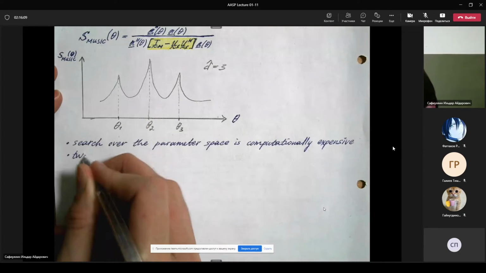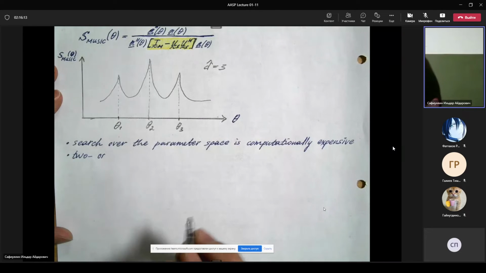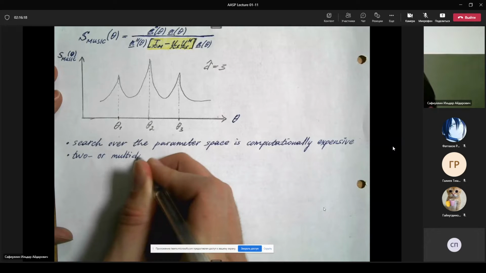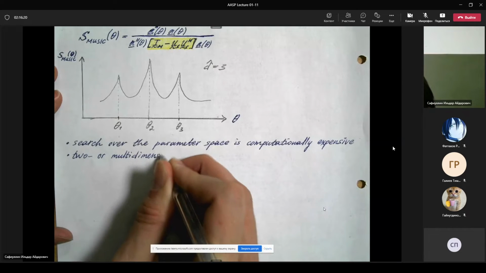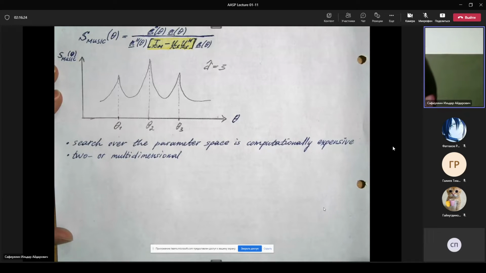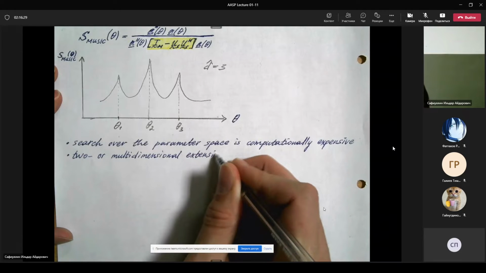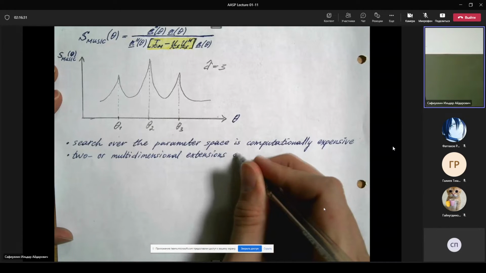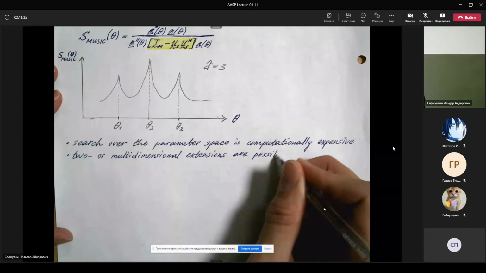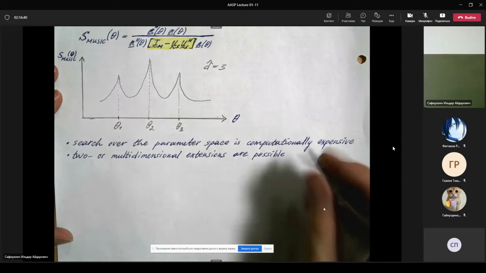So 2 or multi-dimensional extensions are possible, but very expensive.